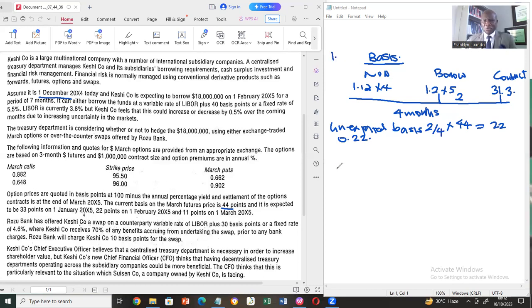Step number 2 will be the number of contracts.